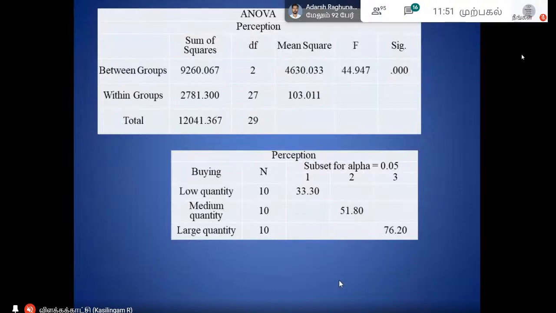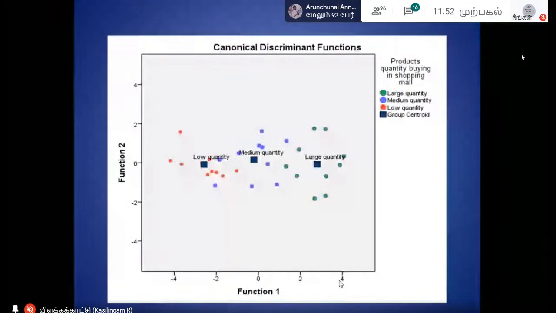Medium is 51, which means they have a higher level of perception. That is why they are in the medium quantity category. Large quantity have high. This is a simple ANOVA to demonstrate that, mainly the mean difference.